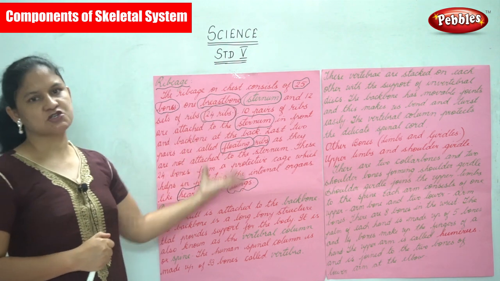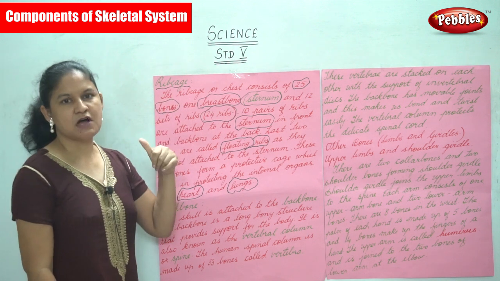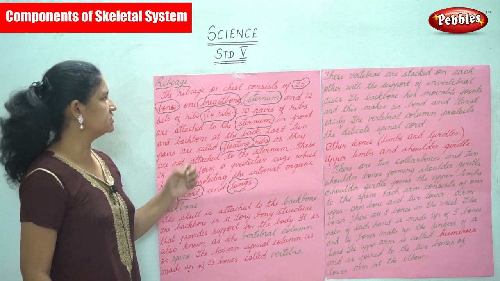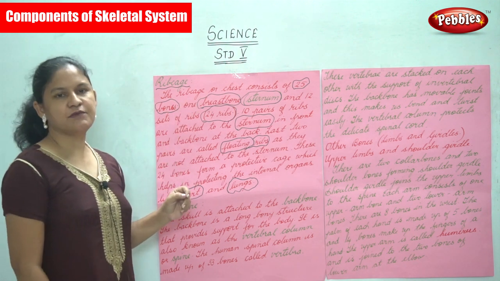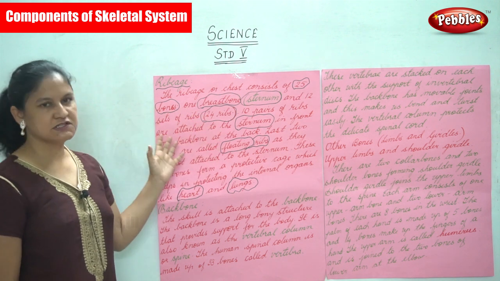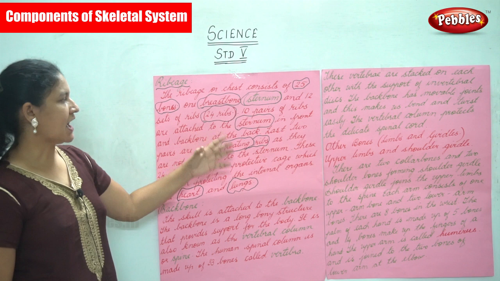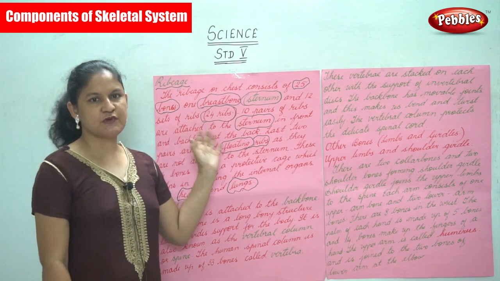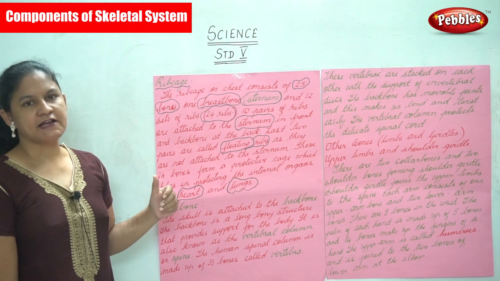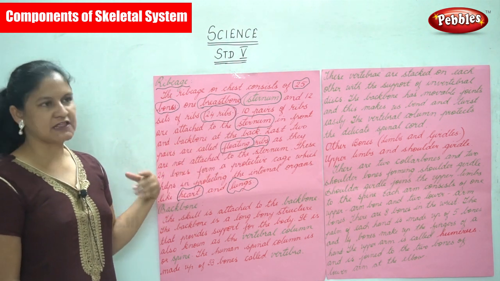So this is the next component of the skeletal system. First is the skull, which comprises 22 bones. The next is the rib cage or chest, which consists of 25 bones, that is one breastbone or sternum, and 12 sets of ribs, that is 24 ribs. 10 pairs of ribs are attached to the sternum in front and the backbone at the back.